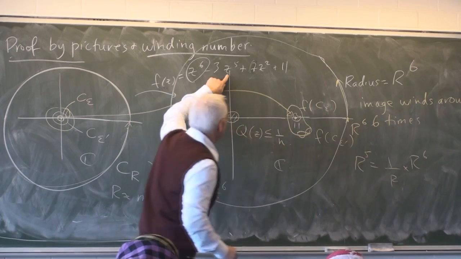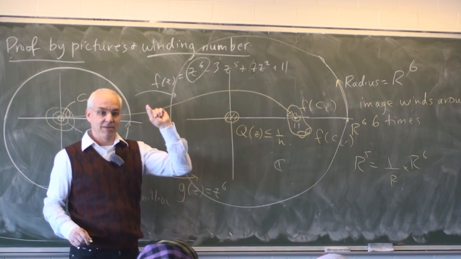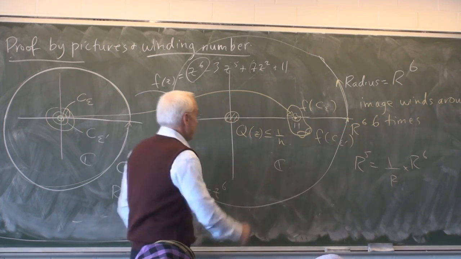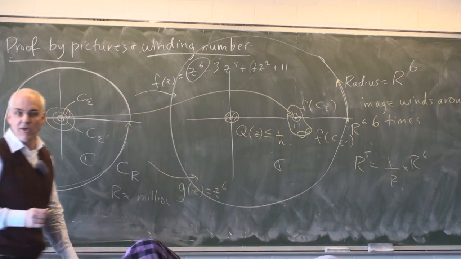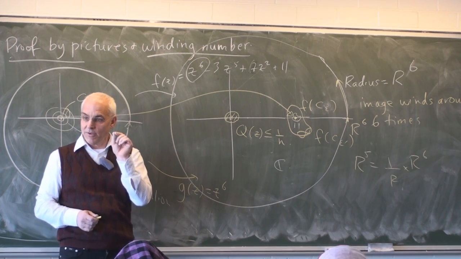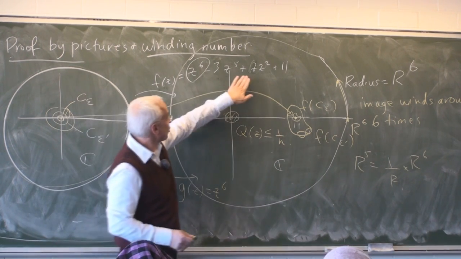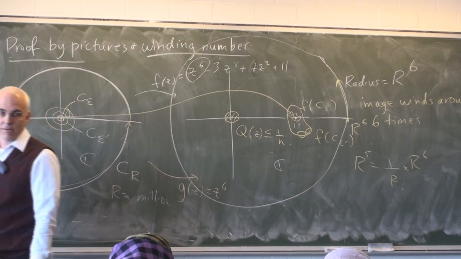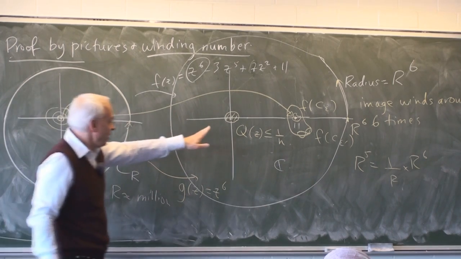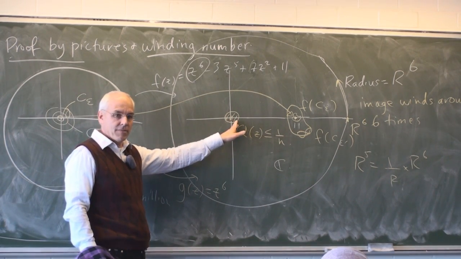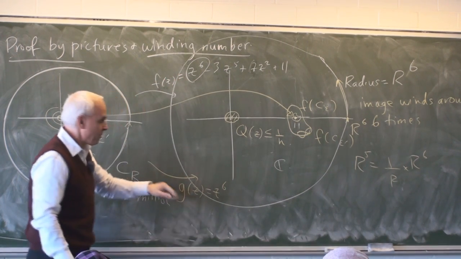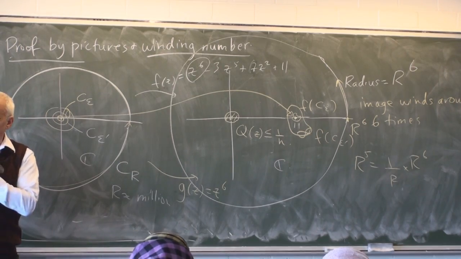So this r to the 5th term is 1/millionth of this radius. In other words, it's invisible, or almost invisible to us. And even if we multiply by 3, it's still essentially invisible to us. What about the term z squared? Well, that's even much, much, much smaller. That's off our page completely. So the image of this and the image of this map differ only by some small wiggling.